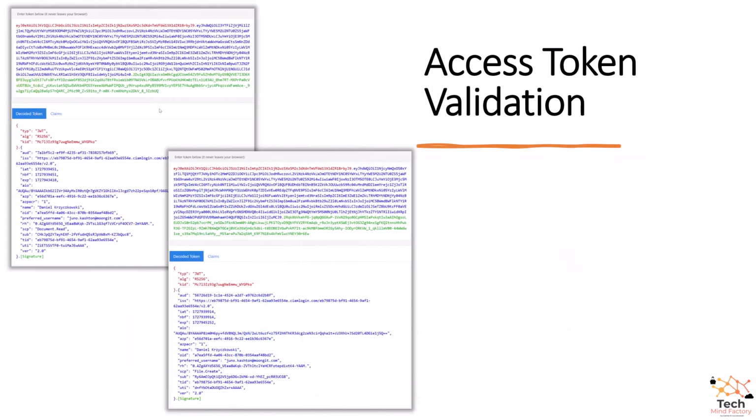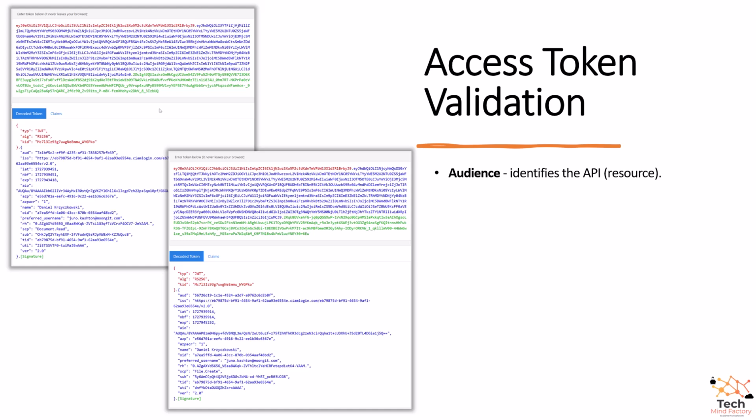So again, when it comes to access token validation, it's very important to understand what should be validated here. The access token should never be inspected by the client application, so by our Blazor application in this case. The access token is meant to be used by protected resources, so APIs. On the API side, once the token is received, we have to validate different kinds of things around the access token.